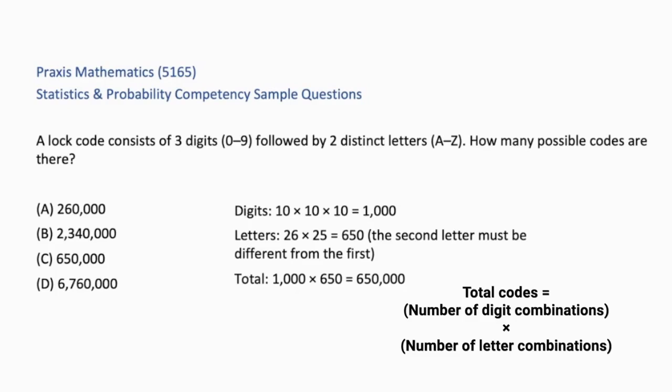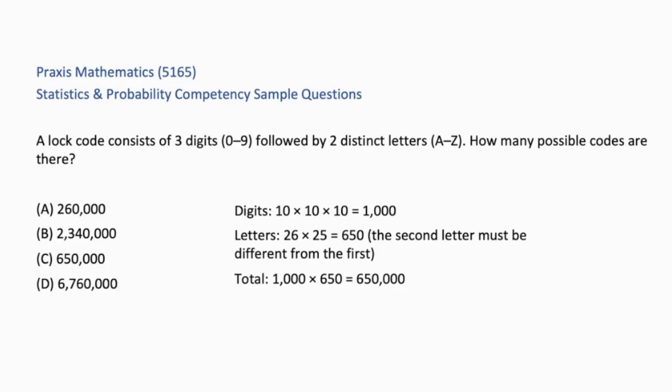So 26 times 25 equals 650. Step 3, total codes. Multiply digits times letters. You have 1,000 digits times 650 letters, which equals 650,000. The correct answer is 650,000.